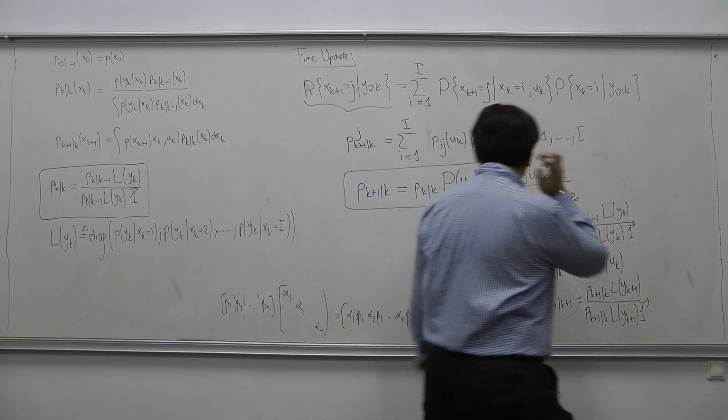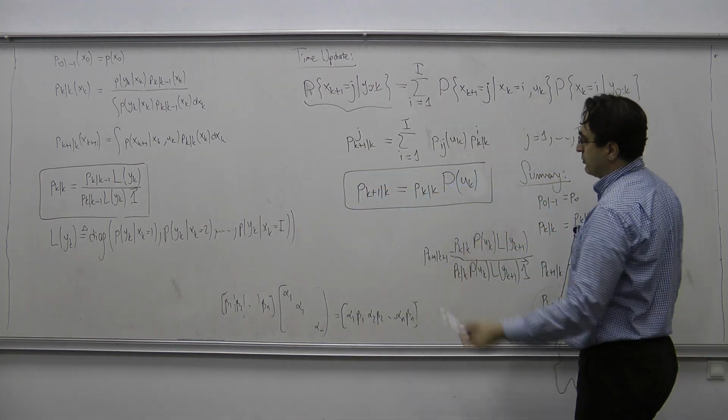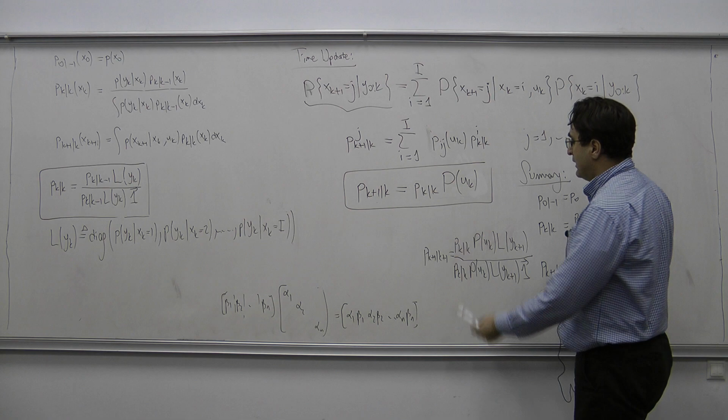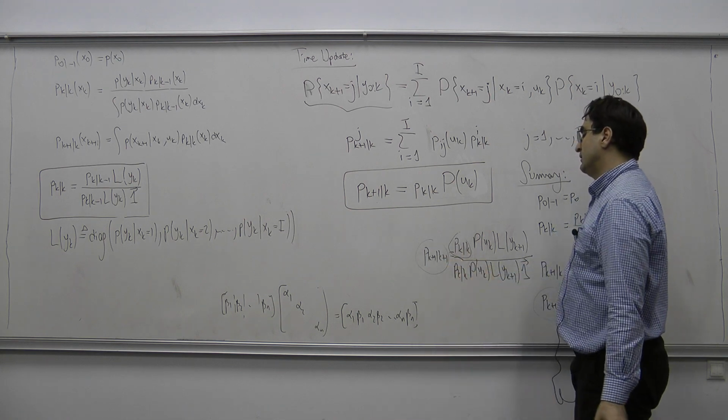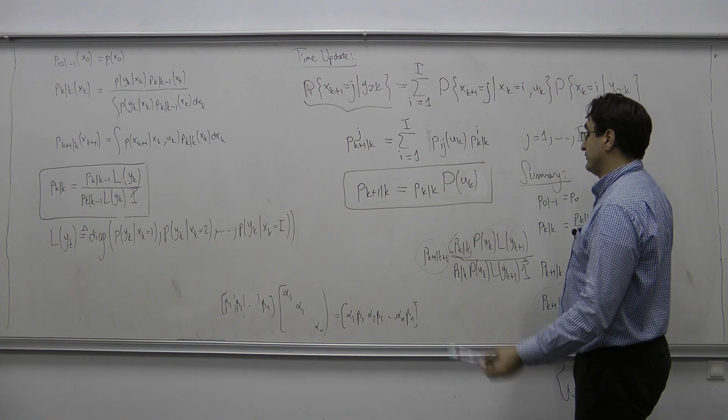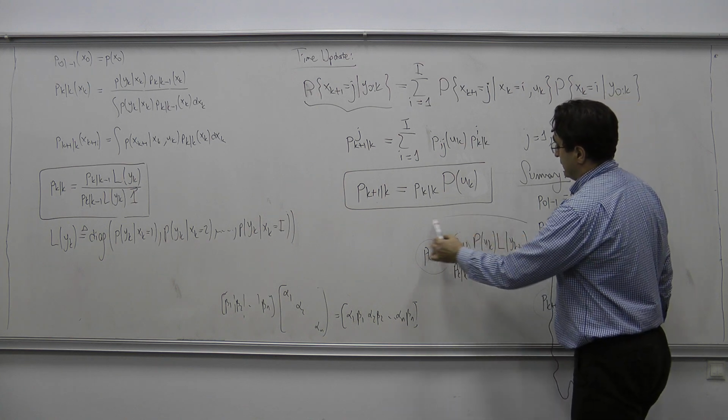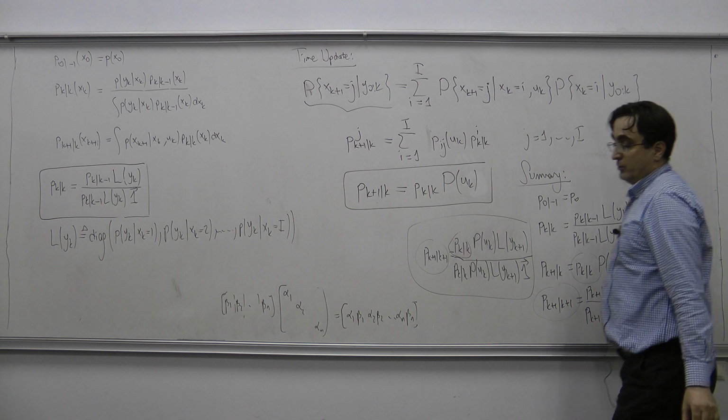Okay? So in this case, I get a recursion without considering the predicted distributions. I get a direct recursion between the estimated state distributions, posterior state distributions, and it is given by such a formula.